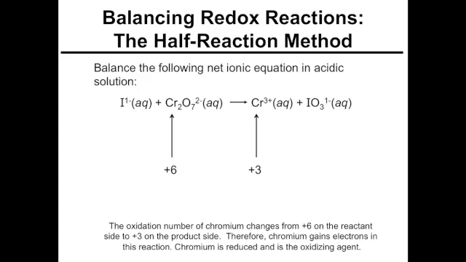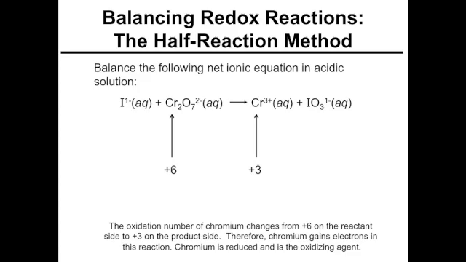Our chromium, each chromium has an oxidation number of +6 on the reactant side. On the product side, each chromium has a +3. Therefore, our chromium's oxidation number is decreasing, and so it's gaining electrons. So the chromium is being reduced in this reaction.